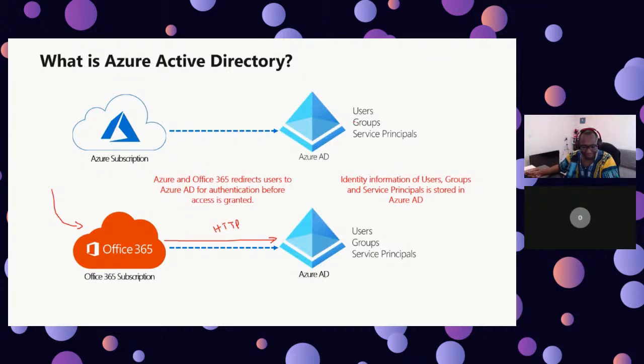Well, that confusion is there, but the concept of identity generally is a concept of looking at the front door. When you look at the two platforms, Azure itself and M365, they are both cloud services.